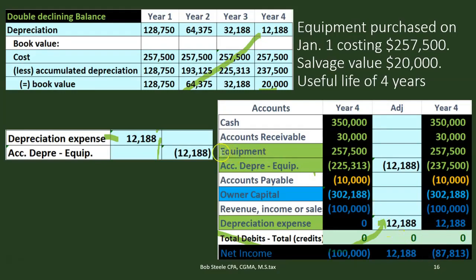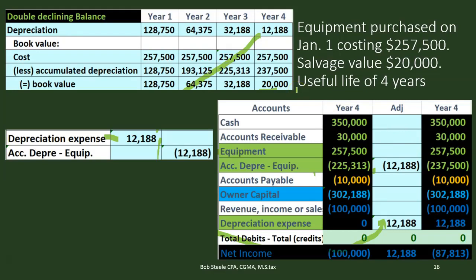Then on the accumulated depreciation, we have a credit balance before of 225,313. It's going up in the credit direction by the 12,188. A credit and a credit are the same thing, making it go up to 237.5. If we take the book value, 257.5 less the 237.5 accumulated depreciation, we get 20,000, which is the salvage value.